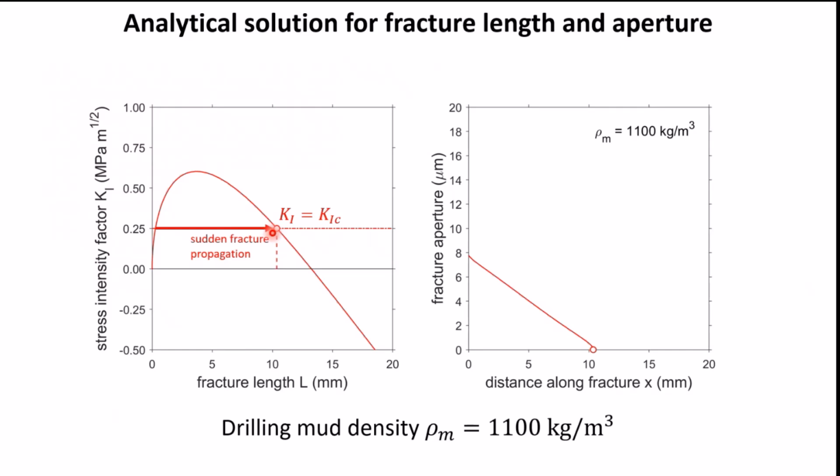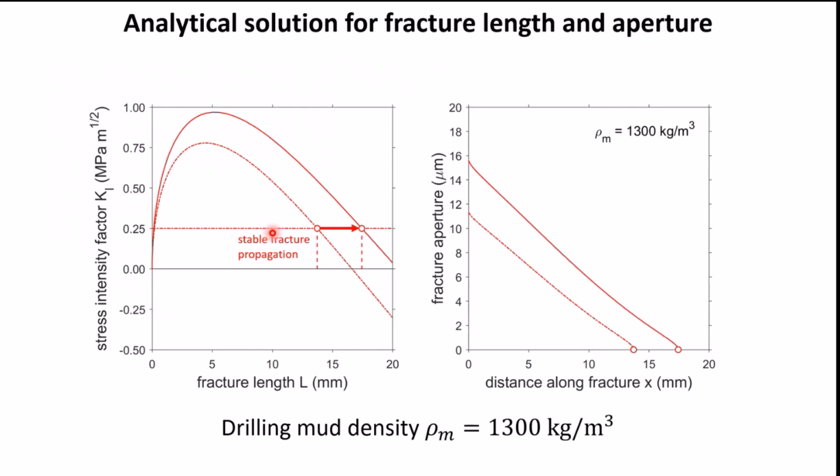And then if we say, okay, now we increase the density of the drilling mud, the pressure in the borehole, what we expect to get is stable fracture propagation, and so forth. So if we increase the density of the drilling mud even further, we've got further stable fracture propagation, and the fracture apertures are quasi-linear. This is actually quite interesting.